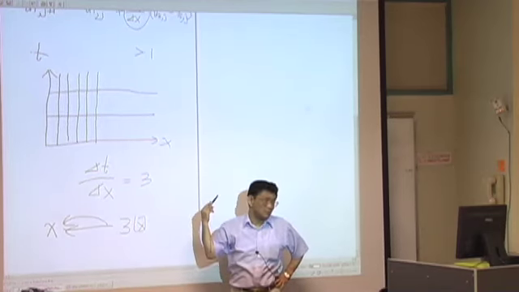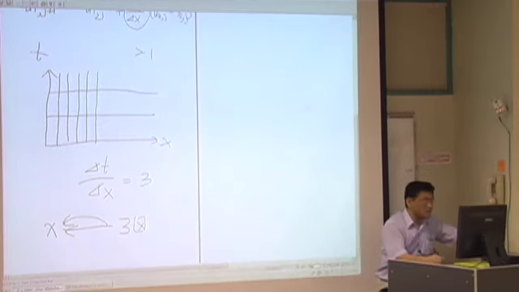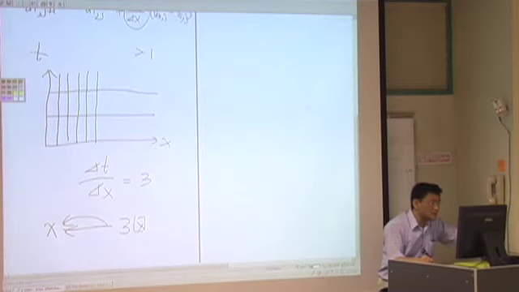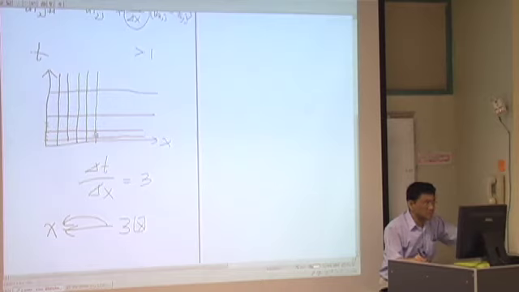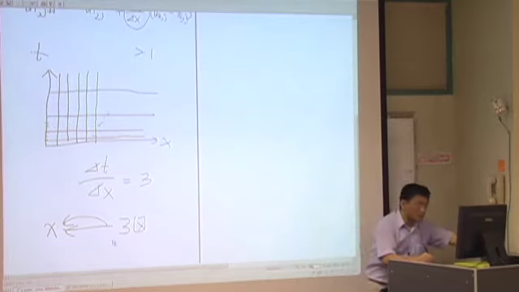So how can you make it work? Let's divide more, like 6 more times, right? So we divide the t direction more times. Then this ratio will become 0.5, right?